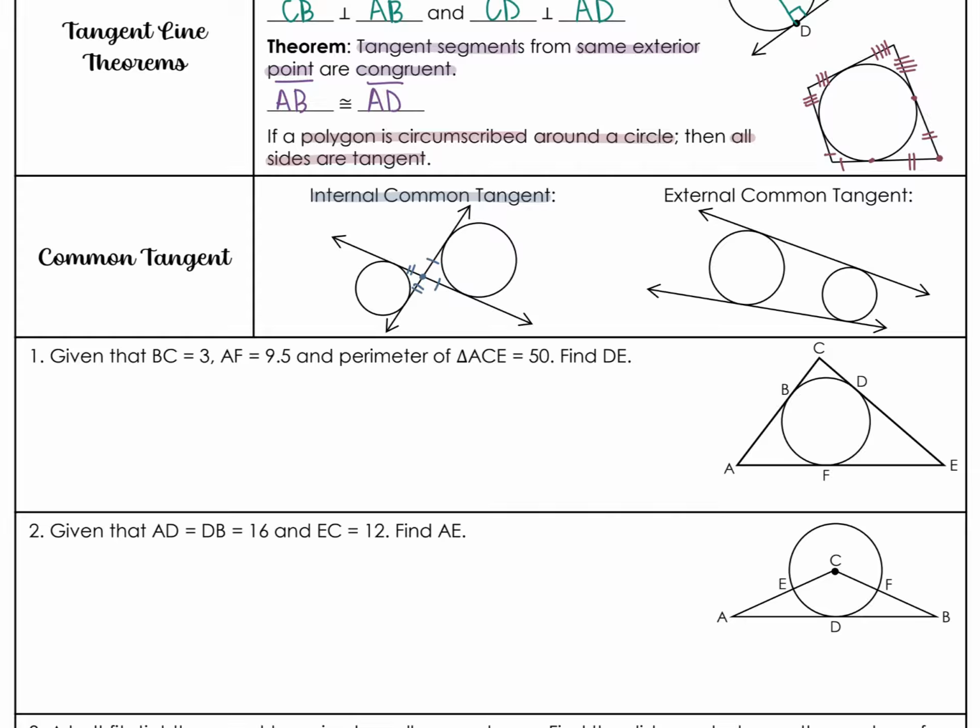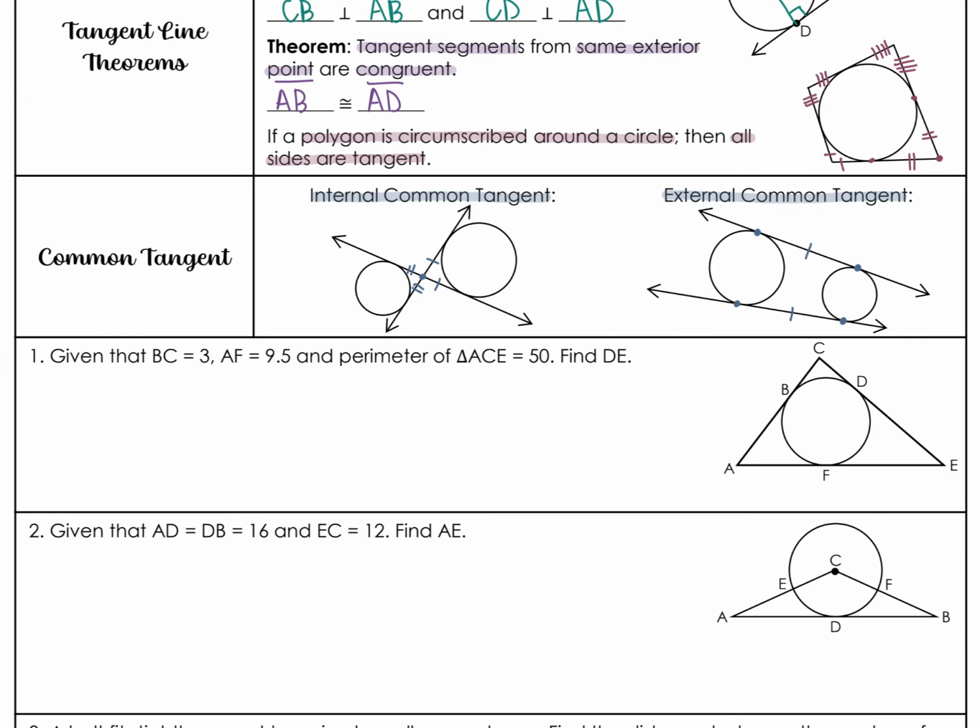Okay, and then you have your external common tangent. And so we can say that from this point of tangency to this one over here, this segment is going to be congruent from this point of tangency to this one on the other circle.